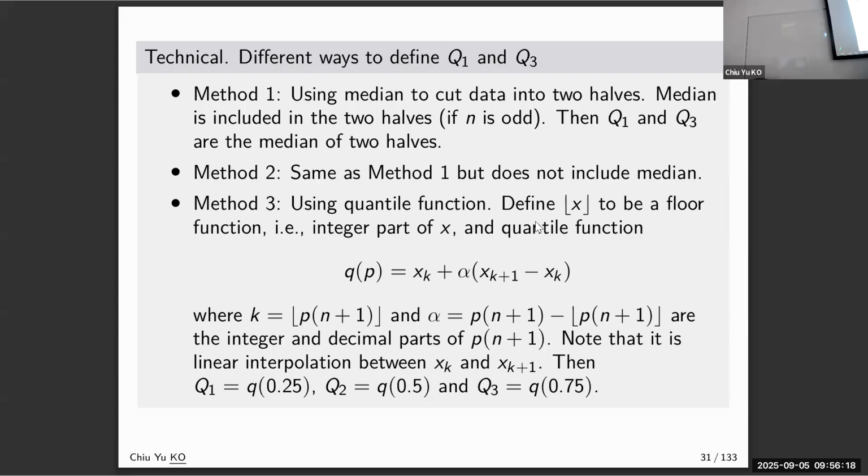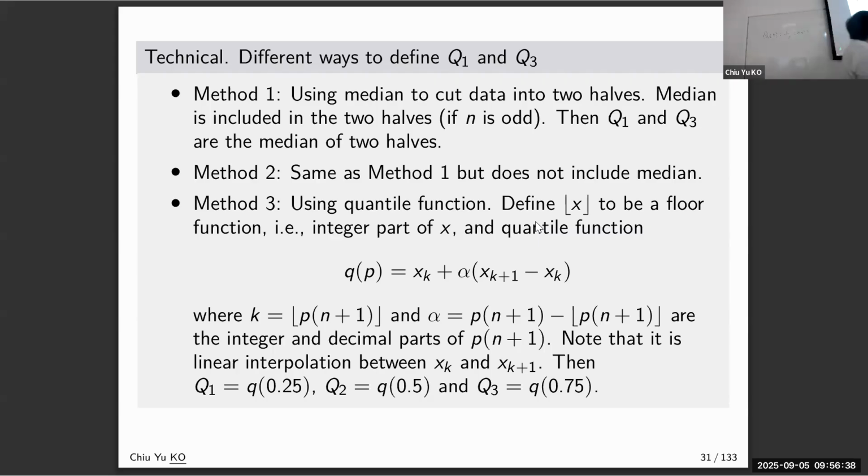It's asking for Q1. Maybe Q2 first, to be easier. Q2 is half of n+1.